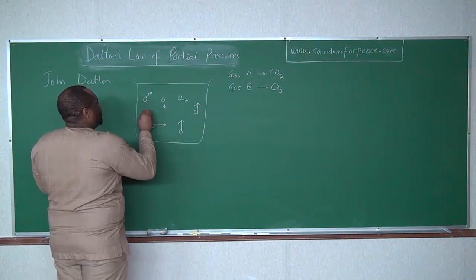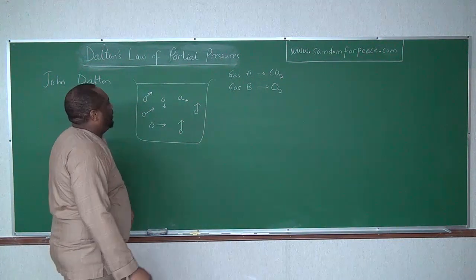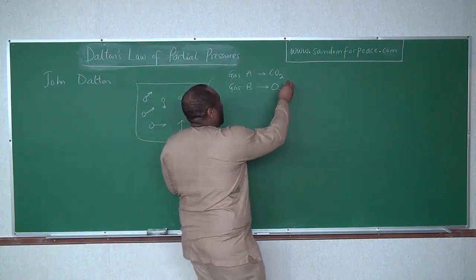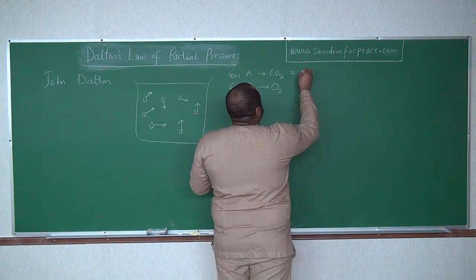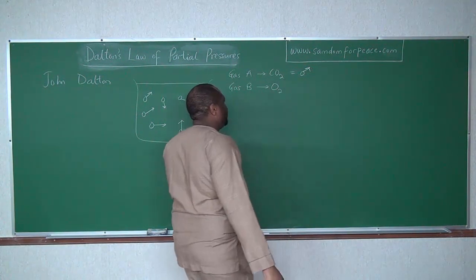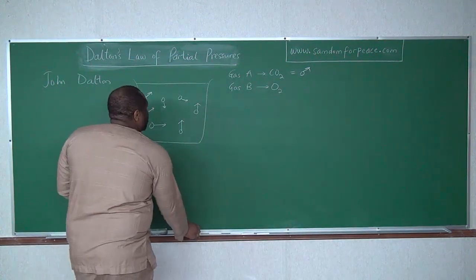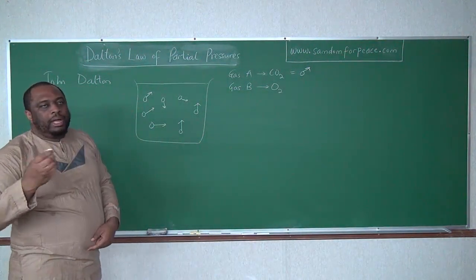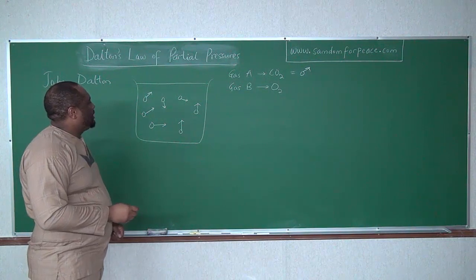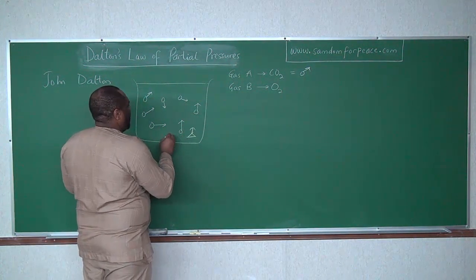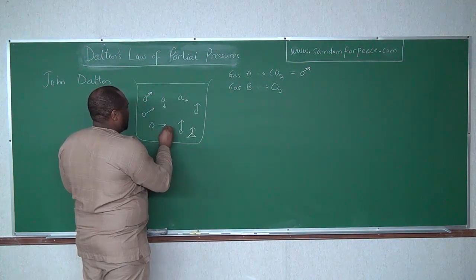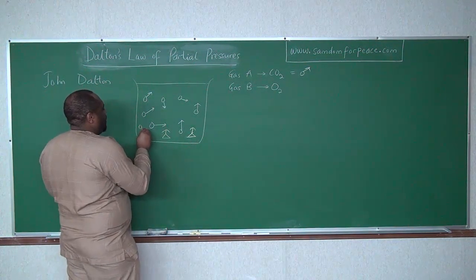So these are gas molecules. Let's say this one is carbon dioxide, this gas molecule. And I'm going to use a yellow chalk and use another. Let me use a triangle this time.